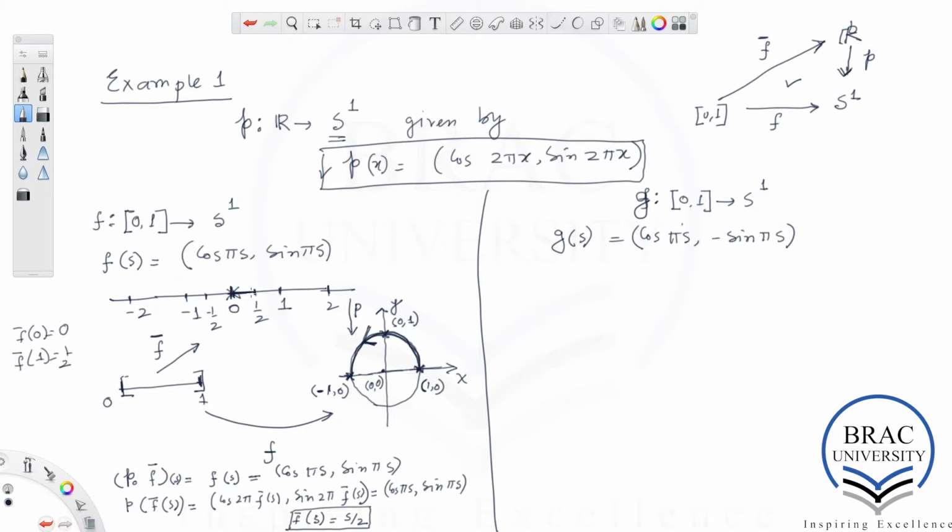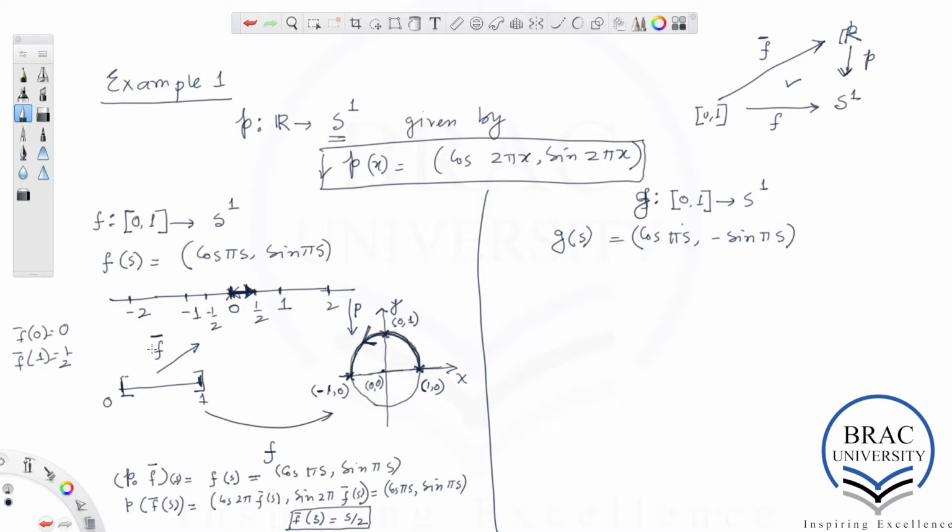So this is the path, 0 to 1/2, beginning at 0 and ending at 1/2. Okay, this is our f bar.